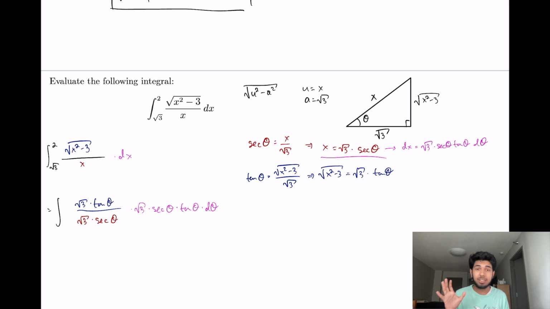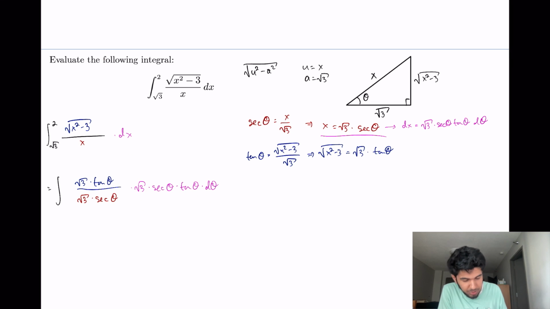Let's change the limits from being in the world of x to the world of theta. So we'll deal with the lower limit for now. We had x equals the square root of 3, and we want to know what theta equals in that case. So for that, we can look at the equation secant of theta equals x over the square root of 3.